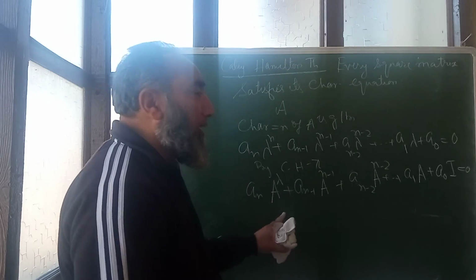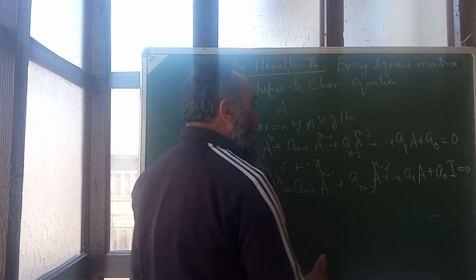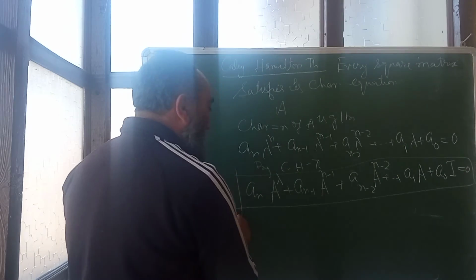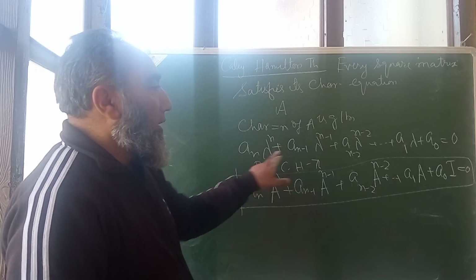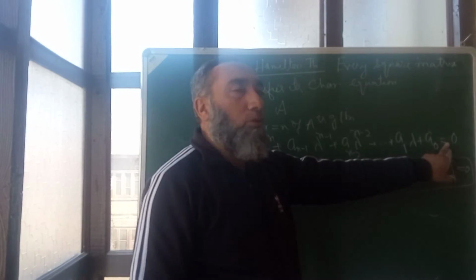You cannot add a matrix and an element. It is a0 into I equals 0. This is the Cayley-Hamilton theorem. See, this is an ordinary 0. This is a polynomial and this equates to 0.